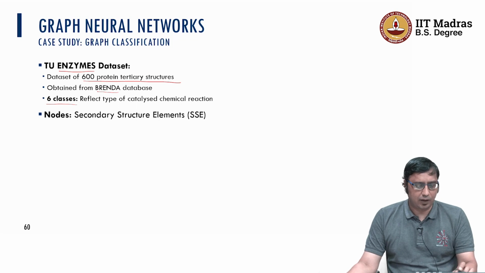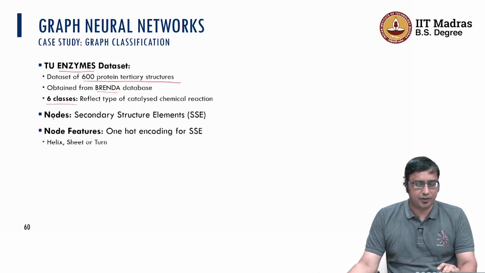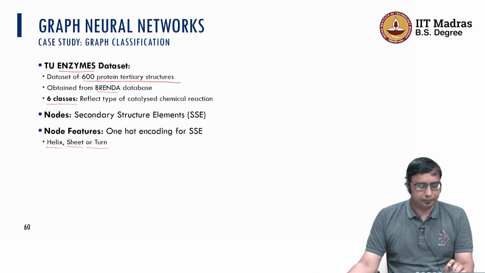Secondary structure elements are considered as nodes, and the node feature is a one hot encoding of their secondary structure element: either helix, sheet, or turn.